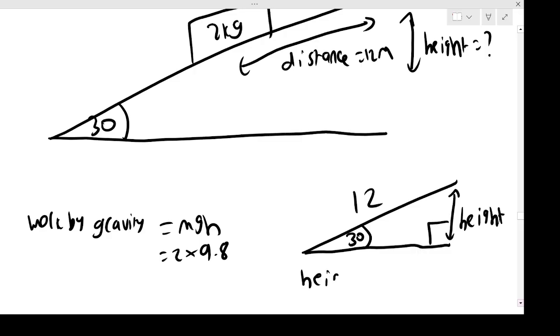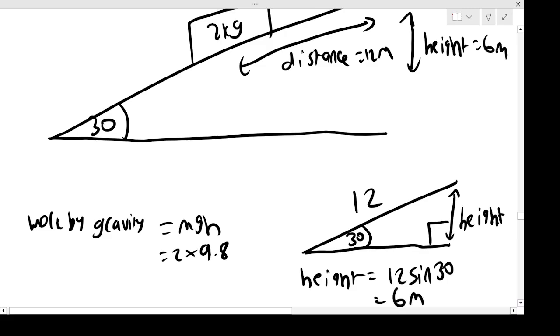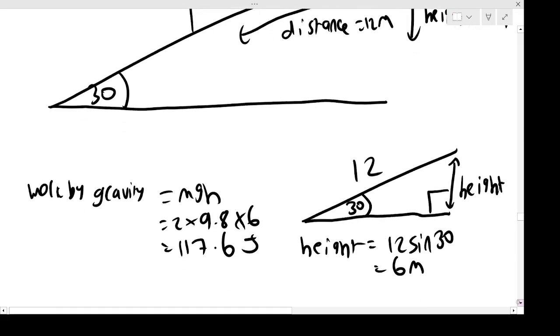The height is going to be 12 sine 30, so that will be 6 meters. So the height is 6. Then the work by gravity is going to be 117.6 joules.